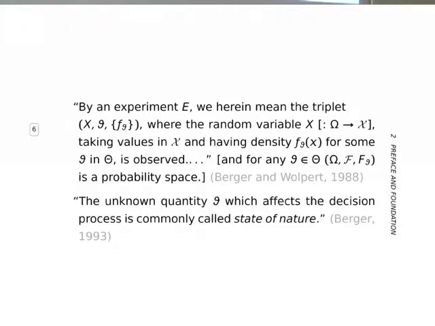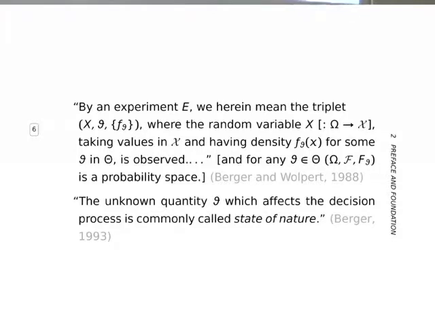So an experiment seemingly is a triplet: a random variable, a family of densities or family of distributions, and a space of parameters, or set of parameters.